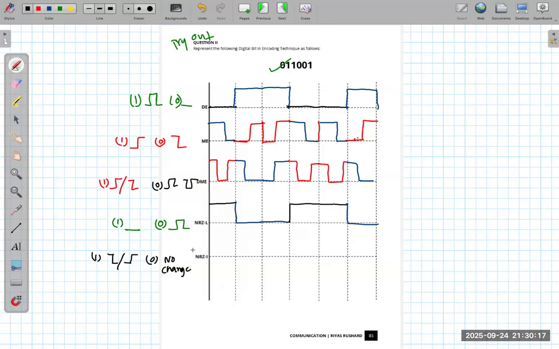Return to zero invert. If it's a 0, we have to begin from high and there is no change. If it's a 1, there will be a change, and if it's a 1, there will be a change. If it's a 0, we don't see a change, and if it's a 1, we see a change.